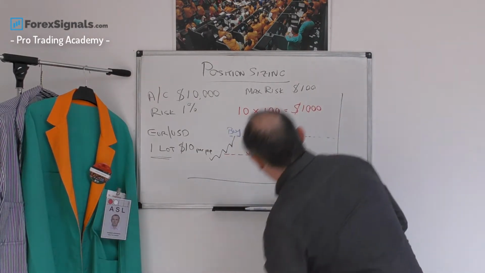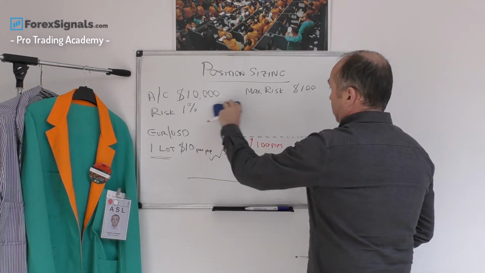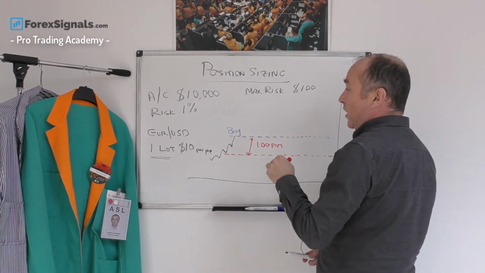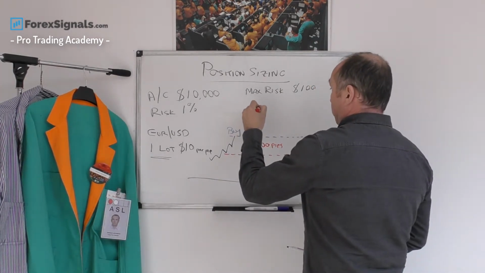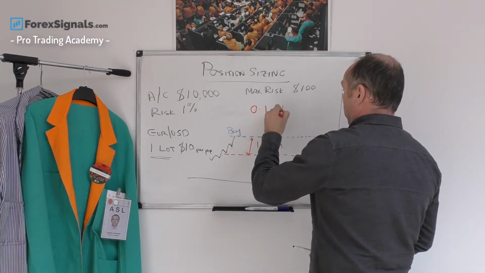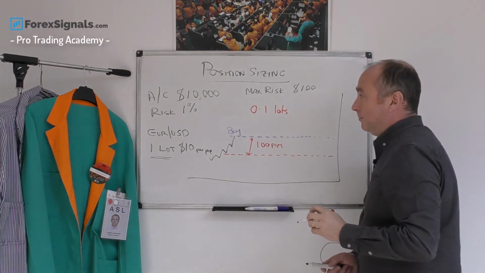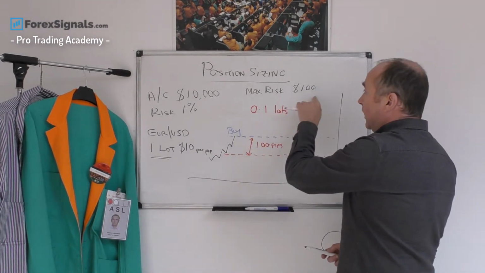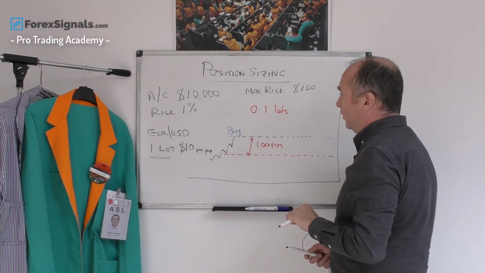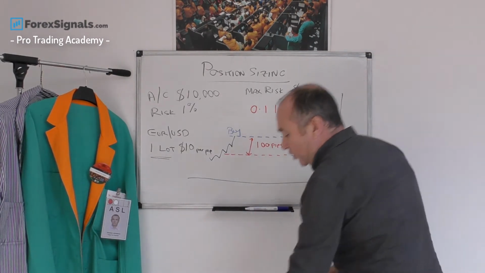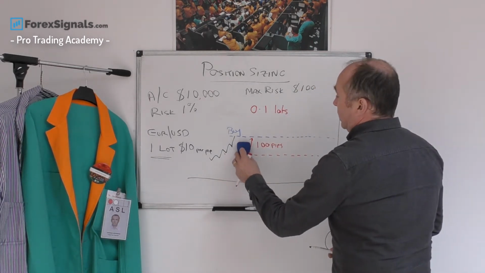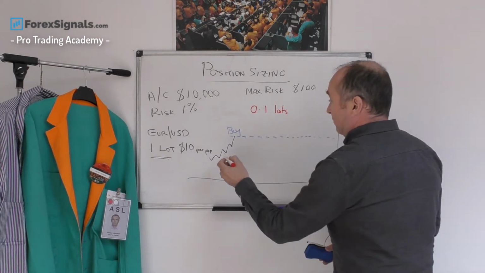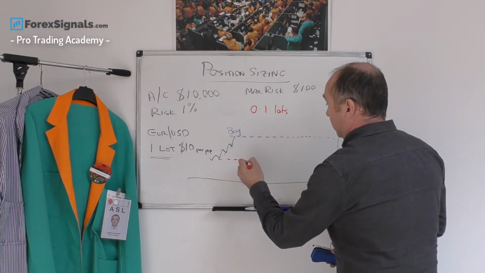We need to reduce that. We need to reduce it 10 times. Okay, so we need to reduce the lot size that we're going to trade on this opening trade of the strategy to 0.1 of a lot. So if the market moves against us 100 pips, we lose 100 pips, we're going to lose a maximum of $100.